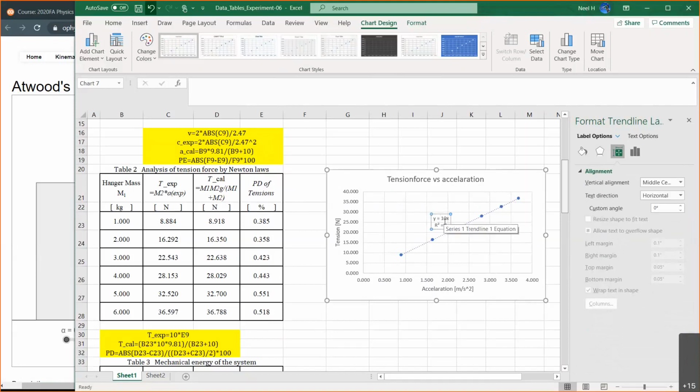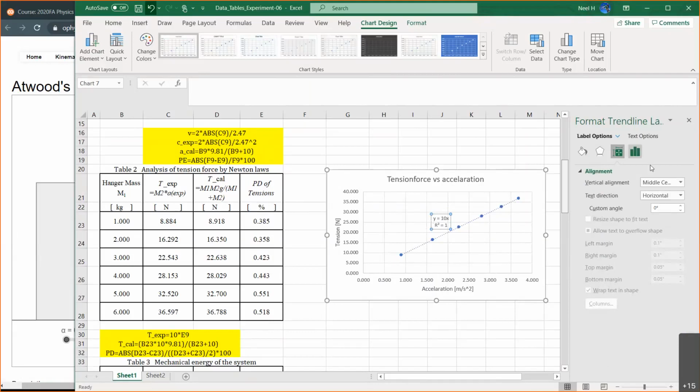Right now, the equation shows you only one significant figure. It just says 10, which is not good. We would like to see more significant figures. But you have to bring your cursor on top of this box right here. You see around the equation, just bring it on top of the line and then double click.